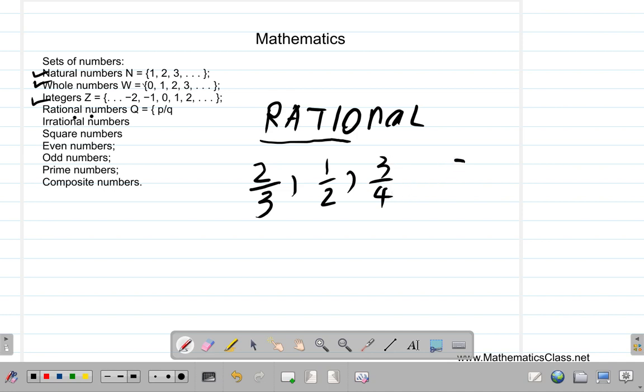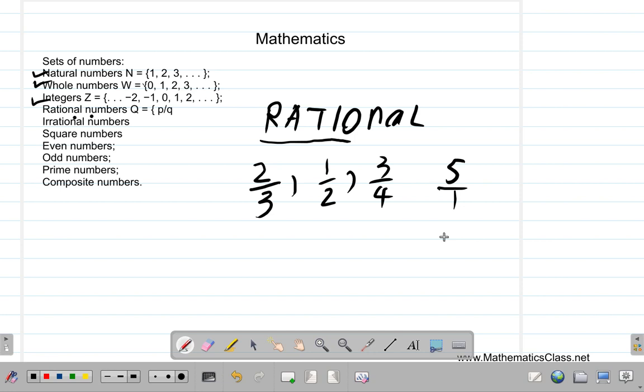What about 5? Is 5 a rational number? Certainly, it's a natural number. It is a whole number. It is an integer. But is it a rational number too? Well, you can write it as 5 divided by 1.